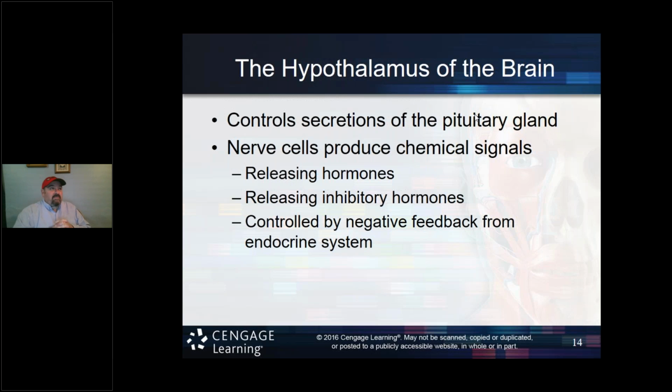Because with the autonomic nervous system, we're working with the nervous system as well as the endocrine system to control the different functions present within the body to maintain homeostasis. The hypothalamus controls the secretions of the pituitary gland, which I said is the master gland. We know that the pituitary gland is called the hypophysis. So let's just write down that term.